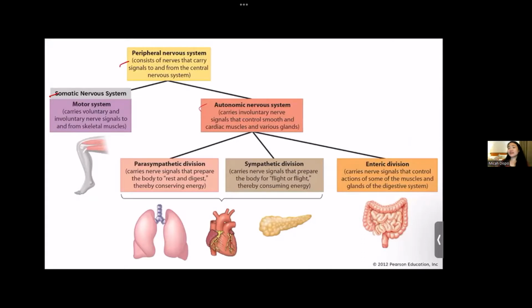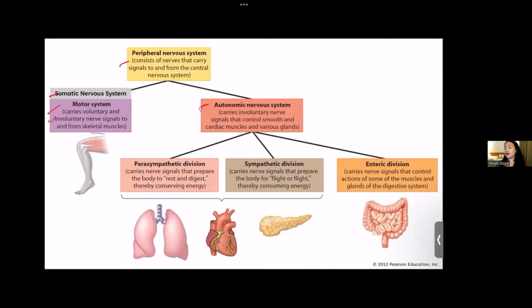So your somatic nervous system is basically in charge of your voluntary movement, or basically that of your skeletal muscles. And this can actually include some involuntary movement as well. But basically, these are towards your skeletal muscles.